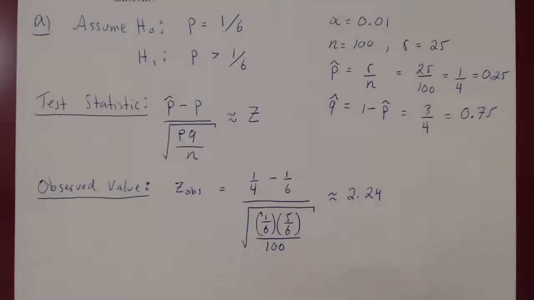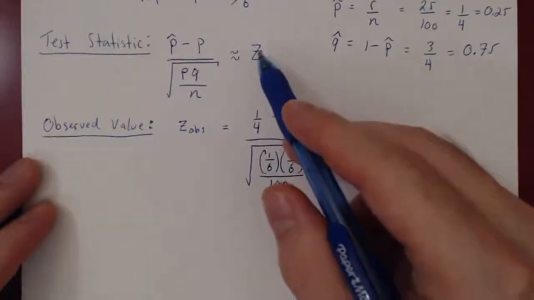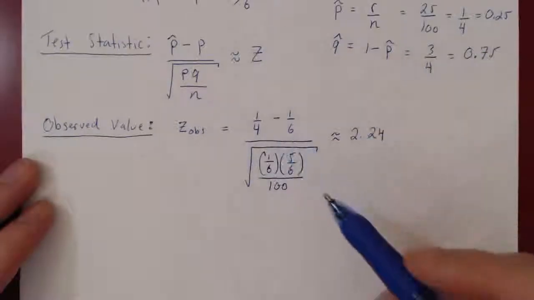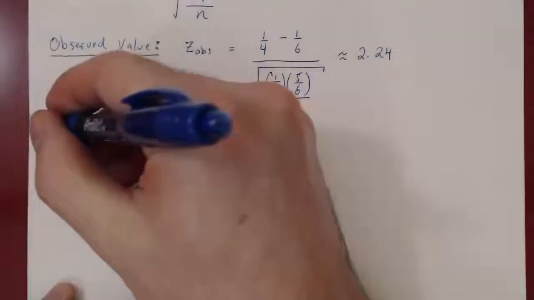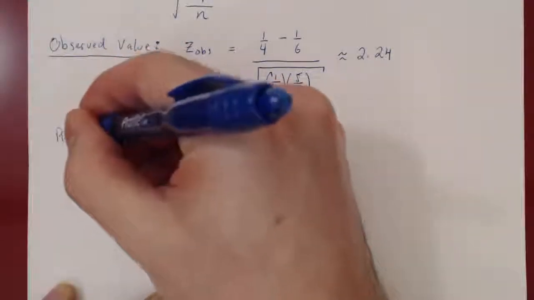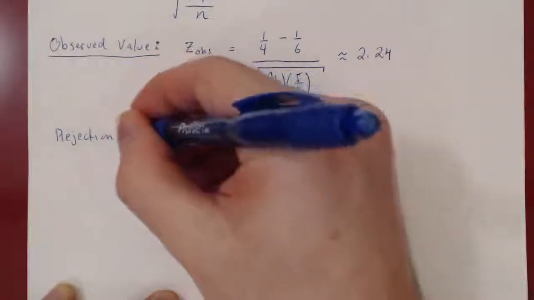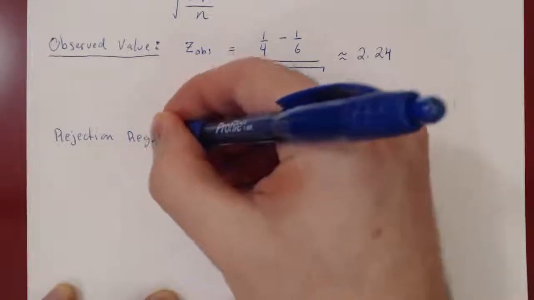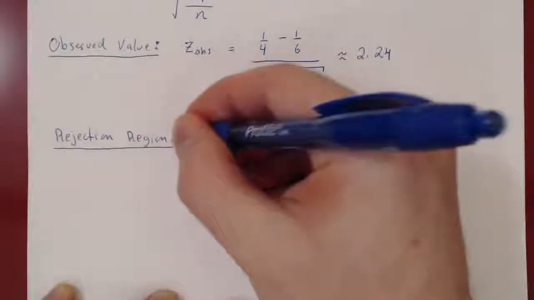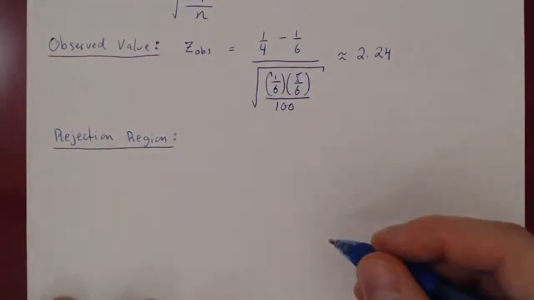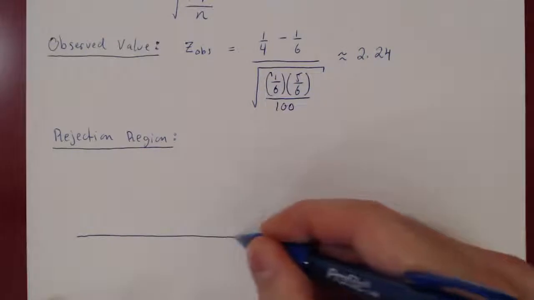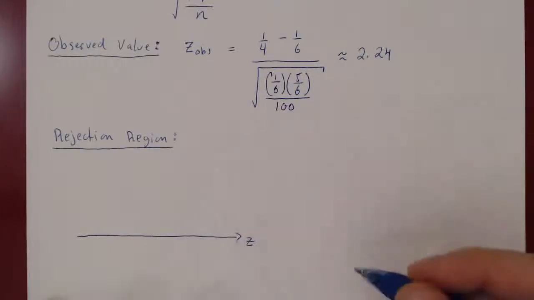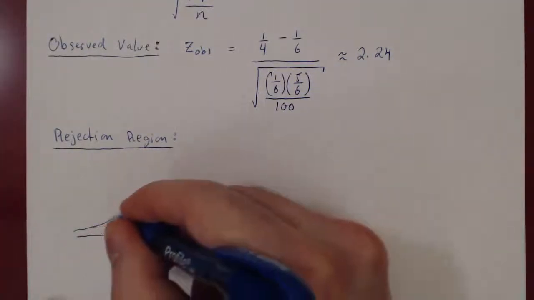Now we have to construct our rejection region. Since we have the standard normal random variable, we will draw the picture of the standard normal distribution. This is our z-axis, the distribution.